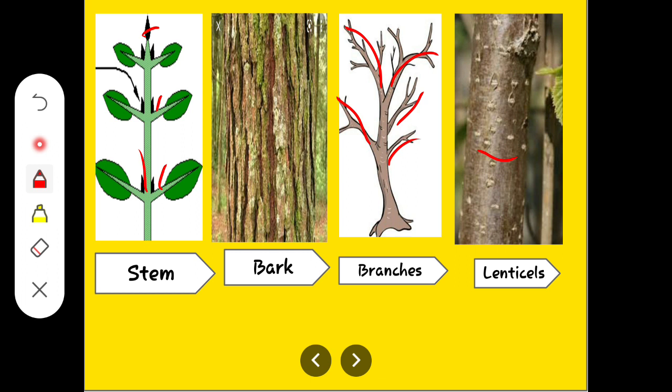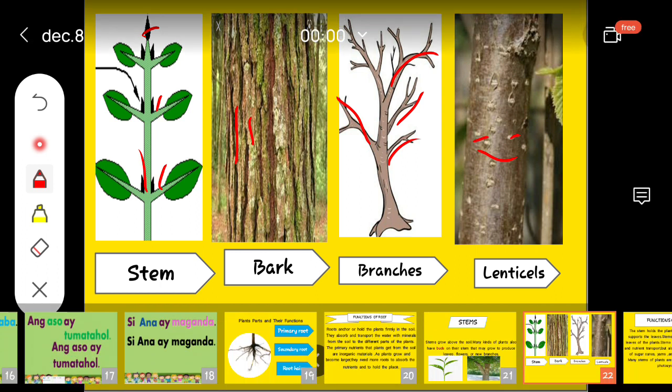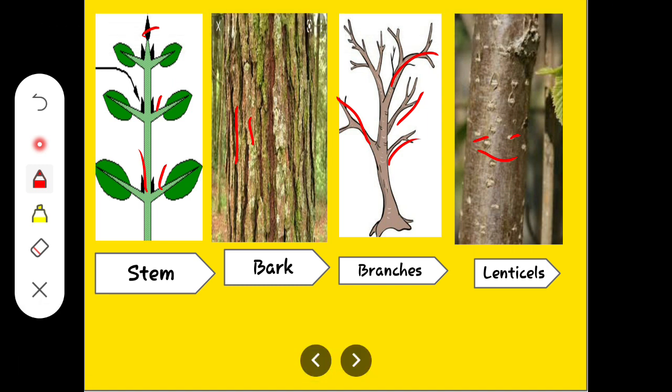This small black is what we call the buds. And this one is the bark. The bark is the outer covering of the trunk, while the lenticels are the tiny openings on the stems or trunks. Just like this. Yung mga maliliit na yan ay lenticels. And these are the branches.